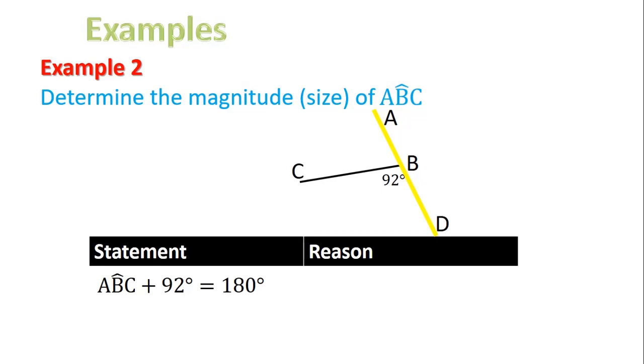How can I say that? Well, my reason is angles on a straight line. Next, I use basic equations to figure out how big angle ABC is. I subtract 92 from both sides and I get angle ABC equals 88 degrees.